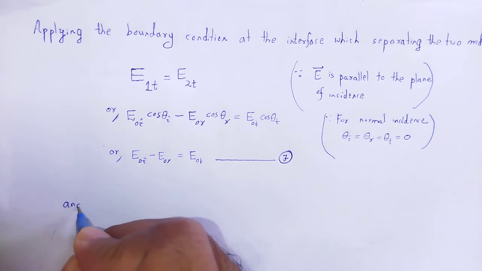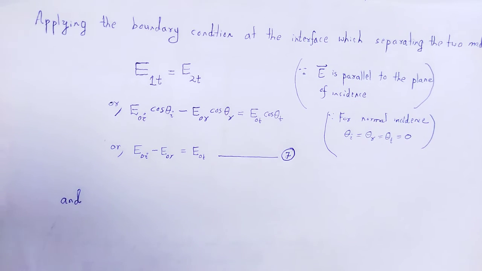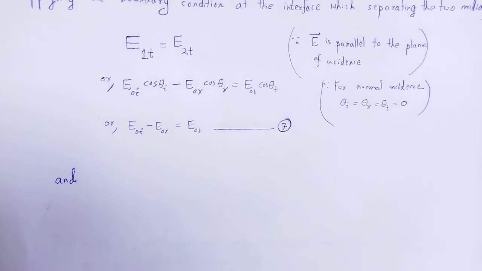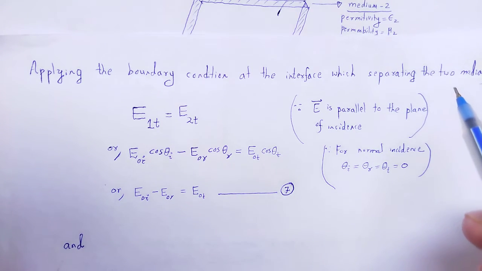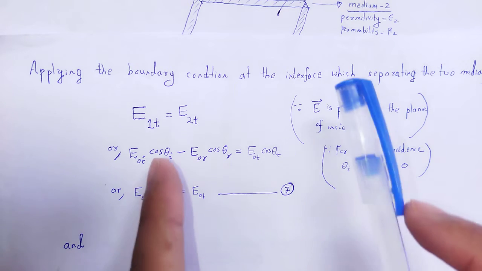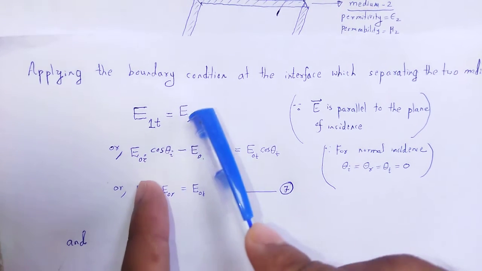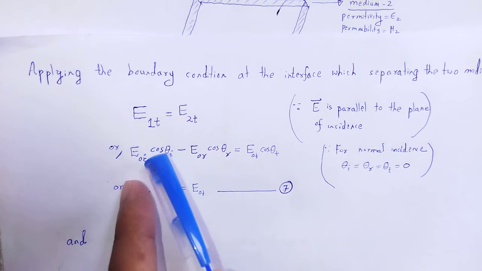And next, for the magnetic field vector, since we took the E vector parallel to the plane of incidence, and the E vector is perpendicular to the H vector, for the tangential component we prefer E0 cos theta.